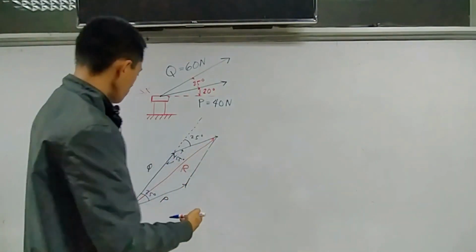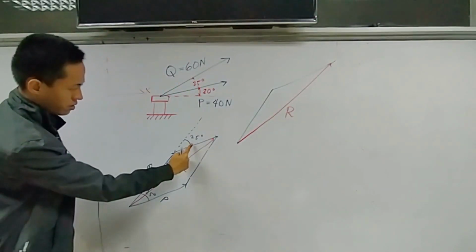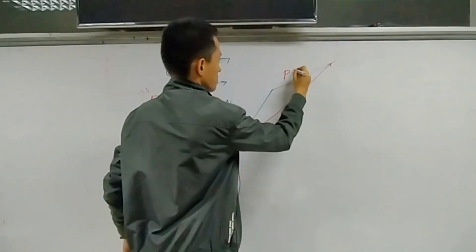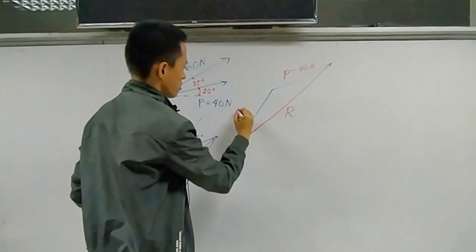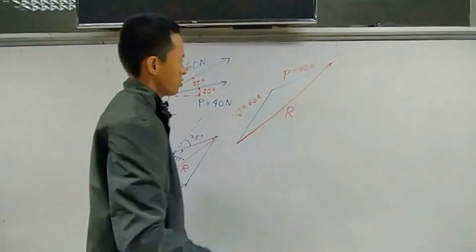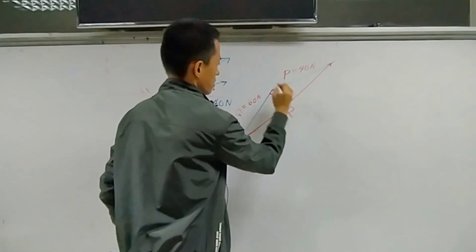So this is R. If this is P, this is also P here, which is 40 newtons. This is Q, 60 newtons. So this angle here is 155 degrees.